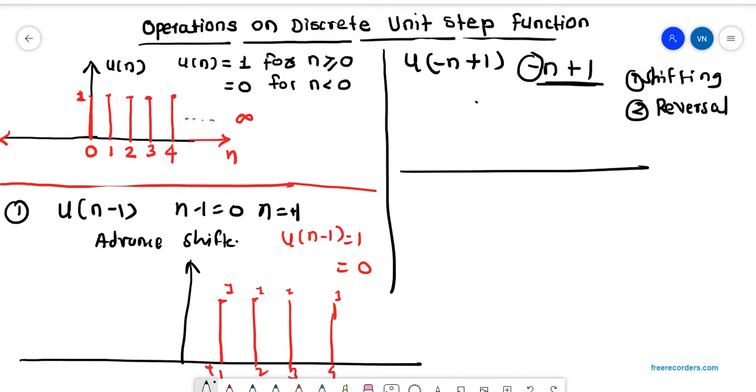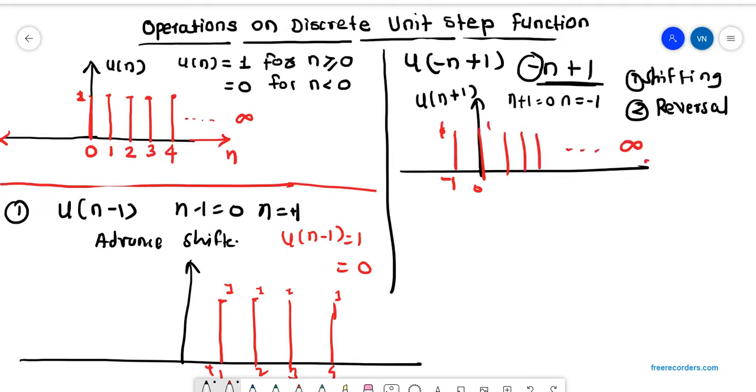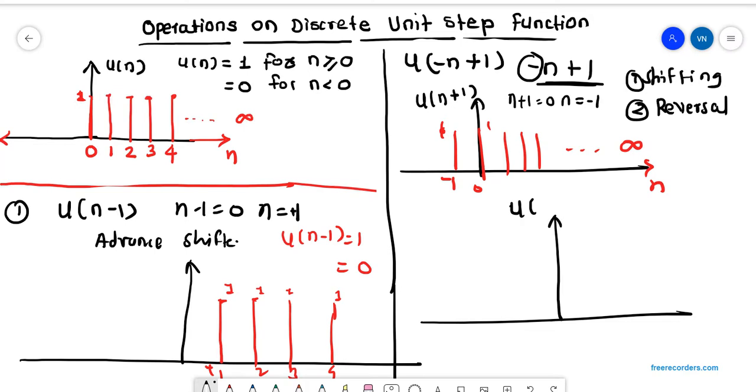So first you have to draw u of n plus 1. We know that u of n plus 1 is equal to 0 means n equal to minus 1. So basically the signal starts from minus 1 because it's a delayed signal, and the amplitude is 1 for infinity. Then we have to reverse that signal because there is a minus n. How can we reverse?